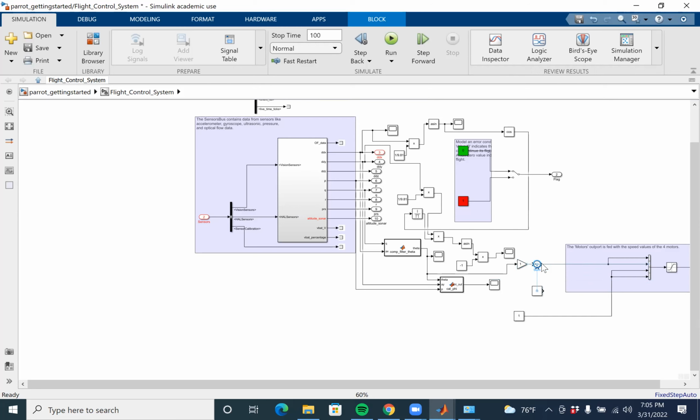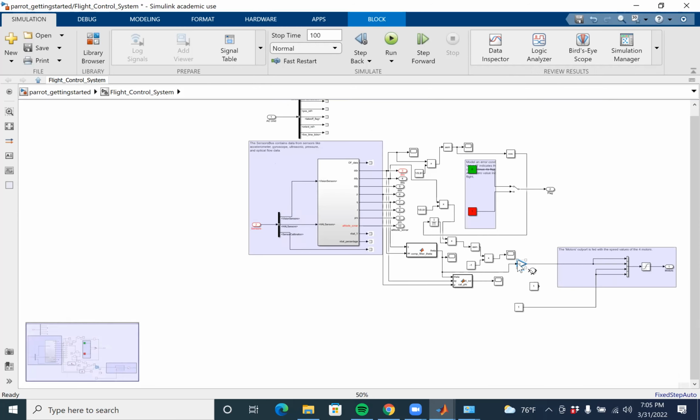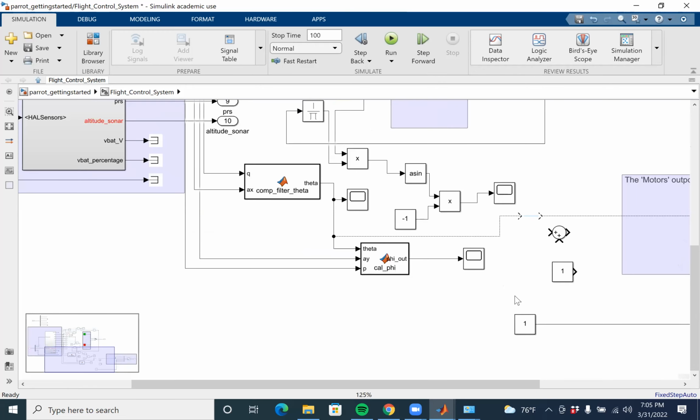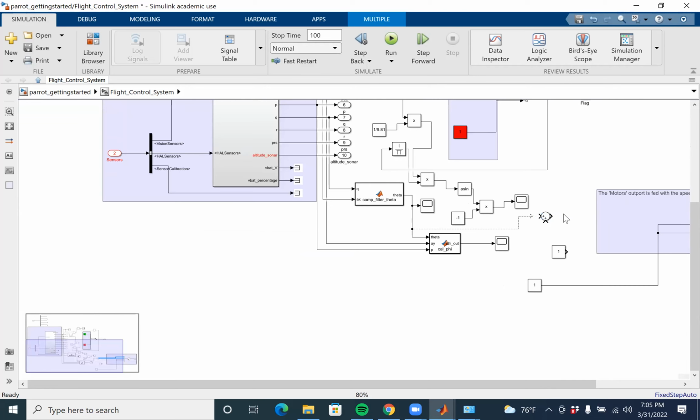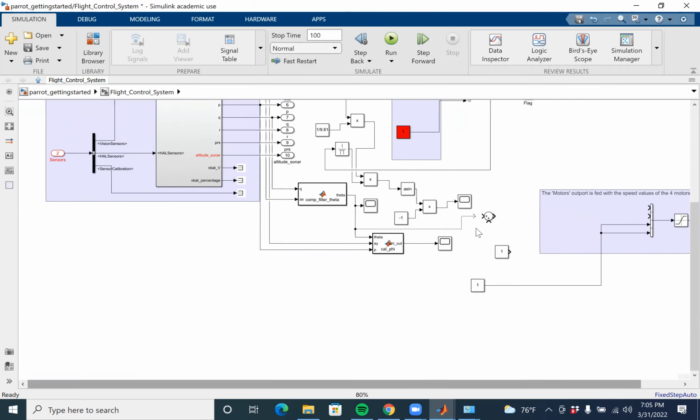This sum is going to be here, and I'll tell you the reason for this sum. Because you want some baseline PWM to go. You don't want it to be 0.